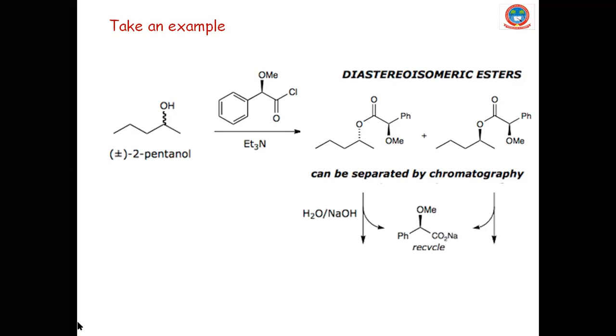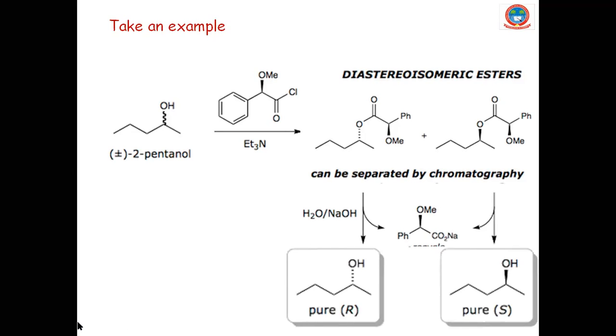When you add NaOH and water to these compounds, you can get two pure compounds. By chromatography you will get this one. Just add NaOH and H2O, and you will get pure 2-propanol R, and this will be 2-propanol S. Fine, like this.